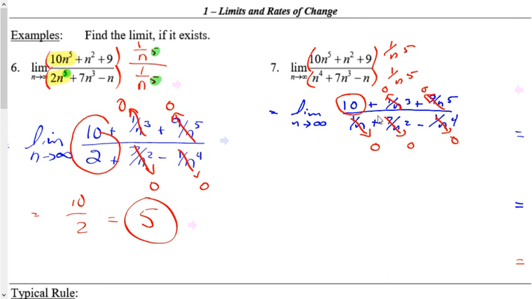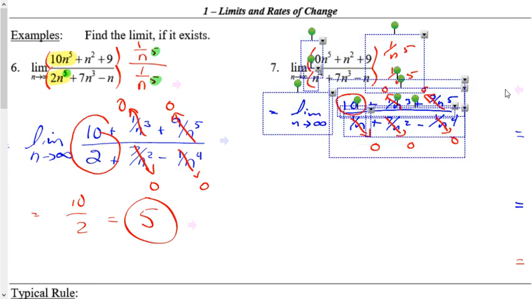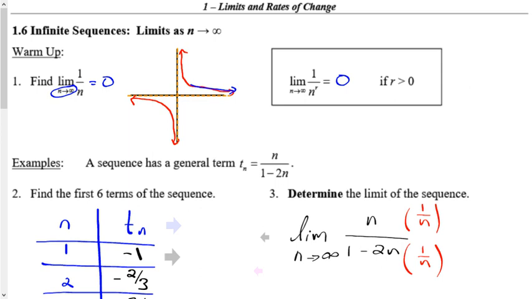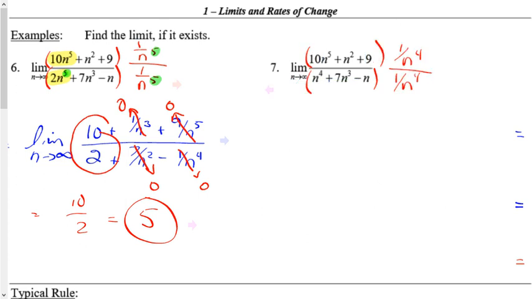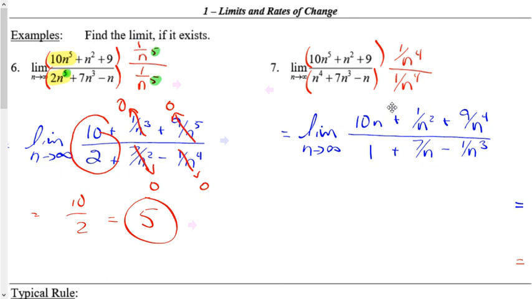To solve this problem, instead of multiplying numerator and denominator by 1 over n to the fifth, we will multiply by 1 over n to the fourth, the highest degree term in the denominator. What happens when we do that? Well, now we have a 10n in the numerator, and the 1 over n squared, 9 over n to the fourth, and the stuff in the denominator, but we have a term in the denominator that has no variables.